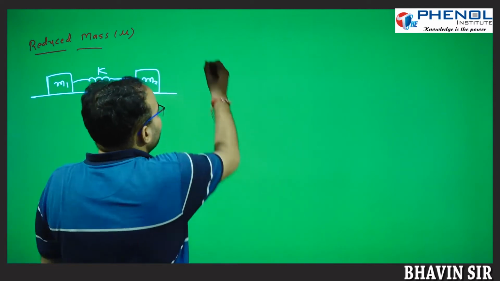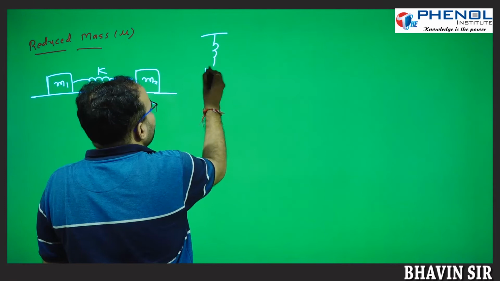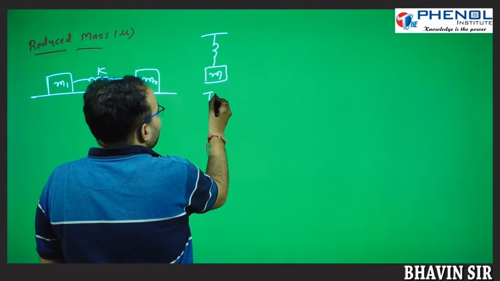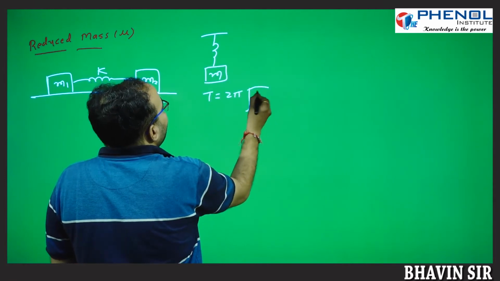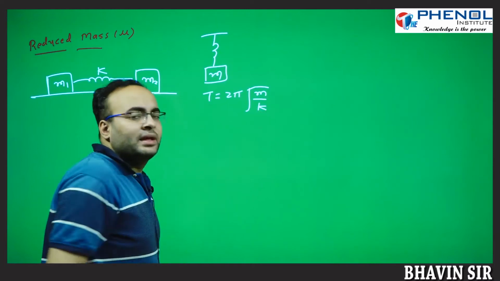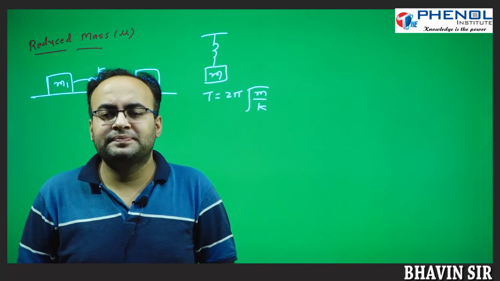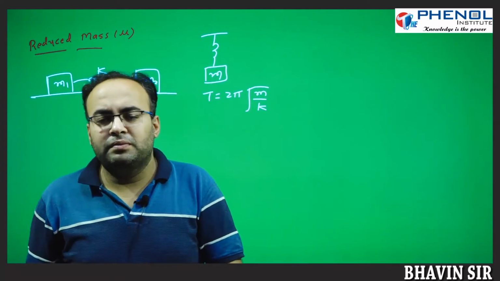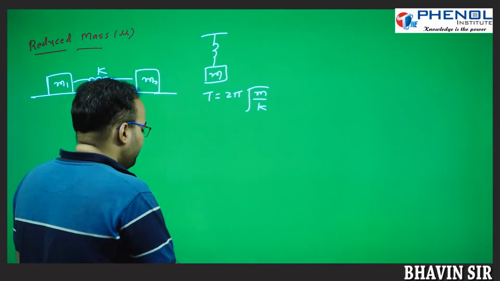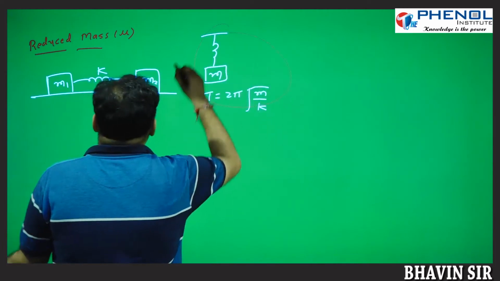Suppose with the spring only one mass is there, then in the case of time period we consider its total mass m. But here there are two masses, and between the two masses one spring is connected. So now we consider its reduced mass.